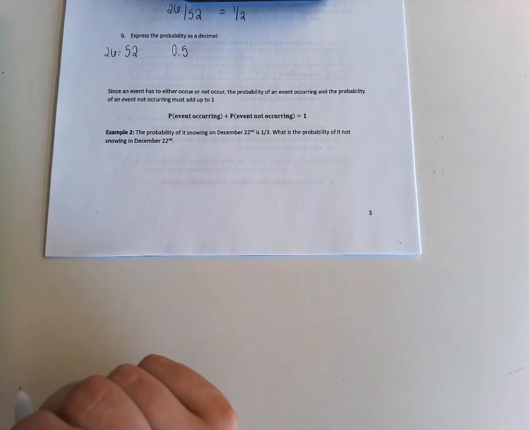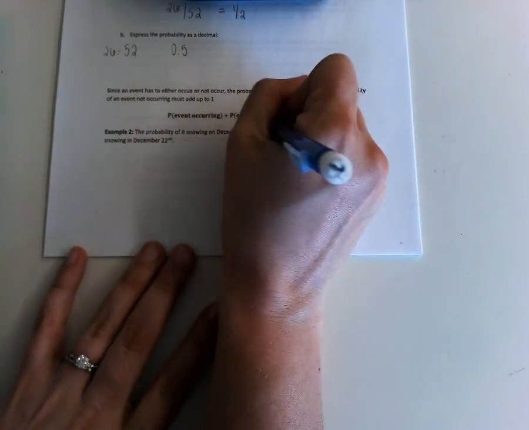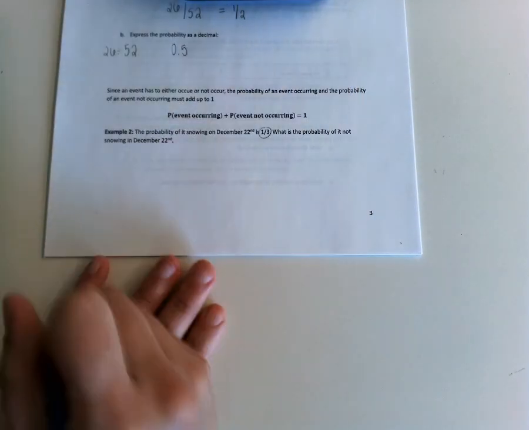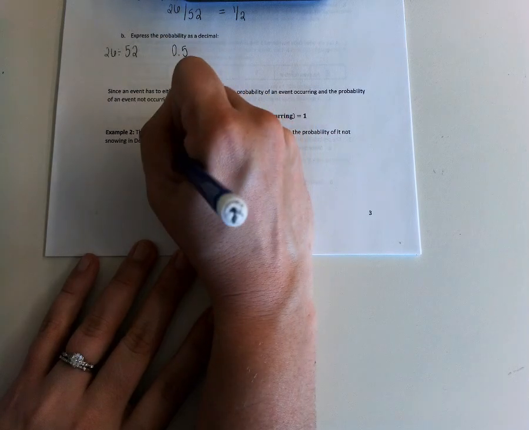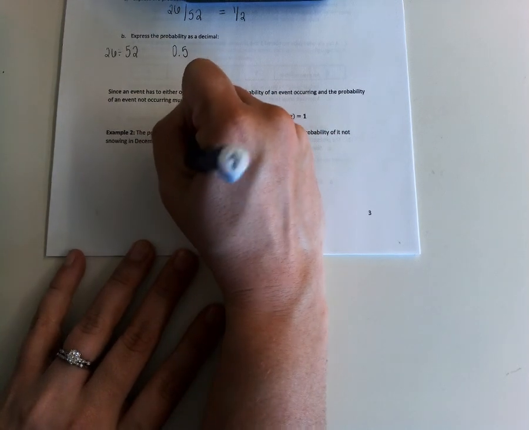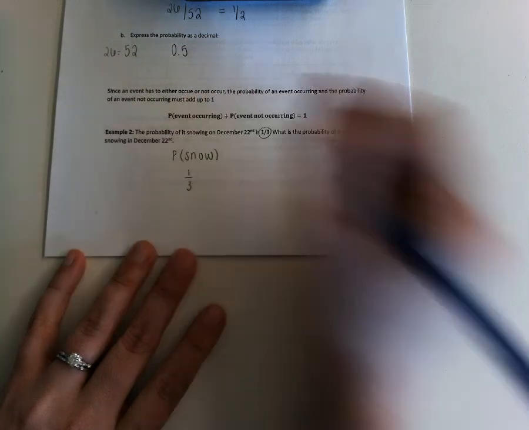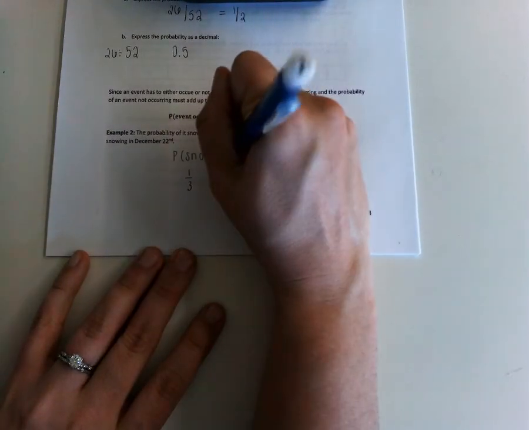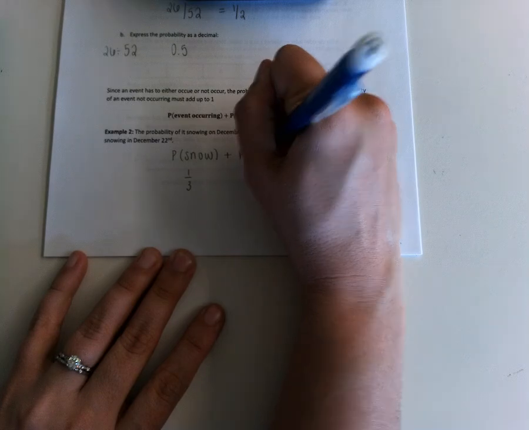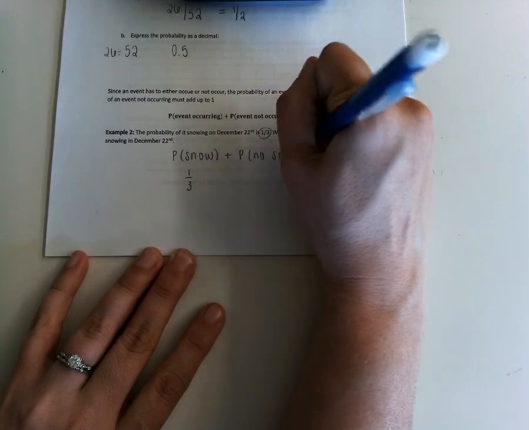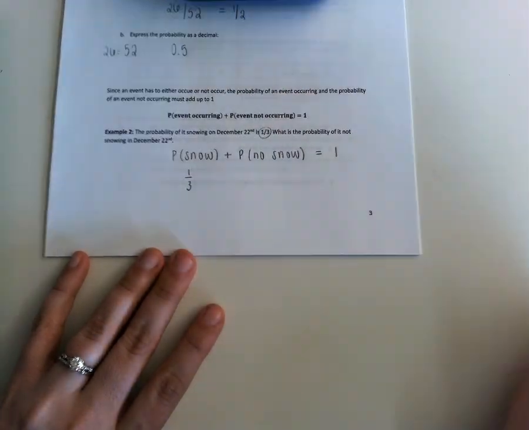What is the probability of it not snowing on December 22nd? So if the probability of it snowing is 1/3, that means the probability of snow is 1/3. The probability of no snow is what we're looking for. Well, these should equal 1.